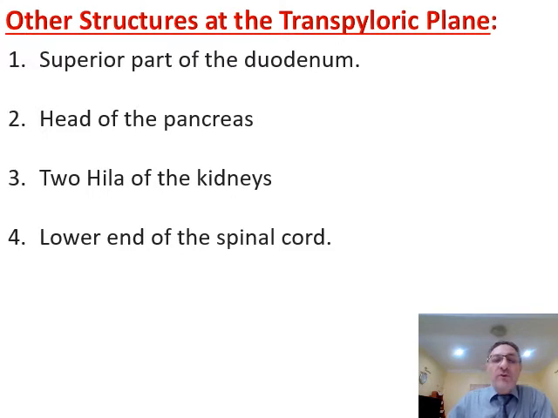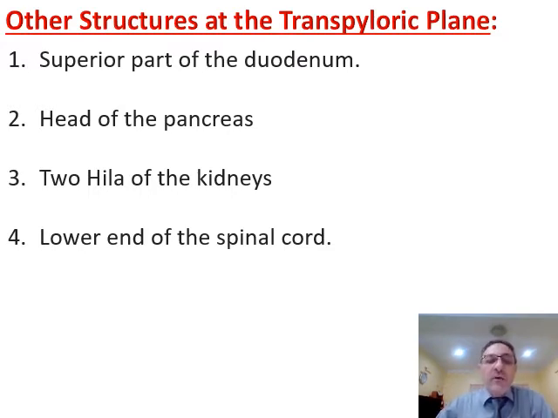We have also other structures in the transpyloric plane. These are important structures, and you have to know them at different planes: transpyloric plane, subcostal plane, umbilical plane. You have to know all structures in these planes because this is very important from a clinical point of view.